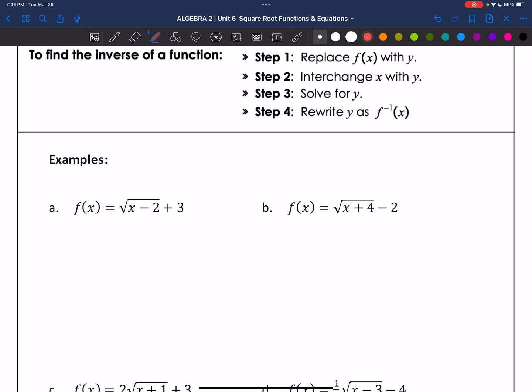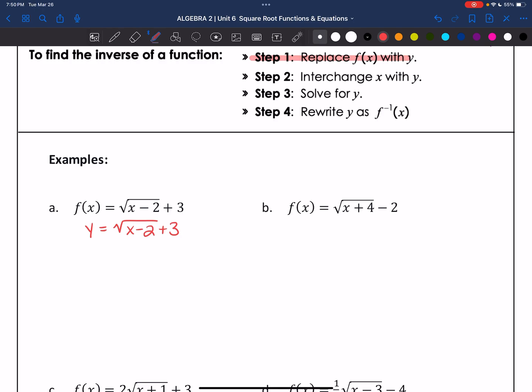So we'll begin with step number 1, replacing f of x with y. Let's do that in red, like I've highlighted. So we would write it as follows. There we go.